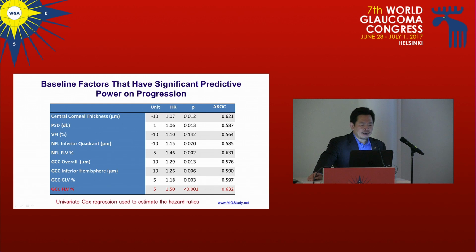Now, many baseline factors were significant predictors, including central corneal thickness, which we knew already from earlier, visual field parameters, and a number of nerve fiber layer and ganglion cell complex parameters. And again, GCC FLV had the highest predictive accuracy.